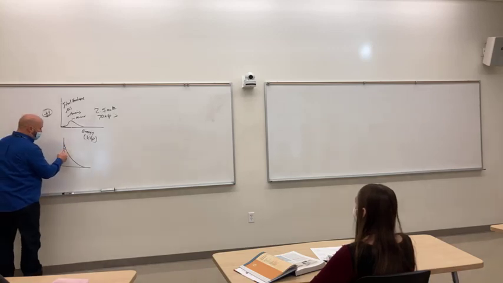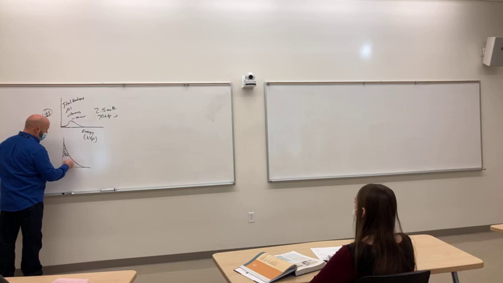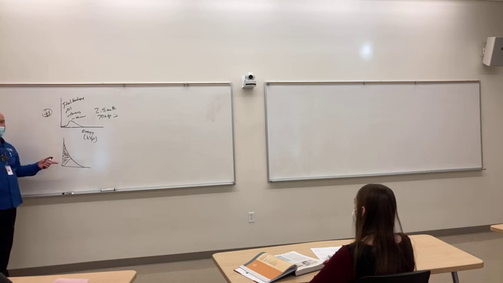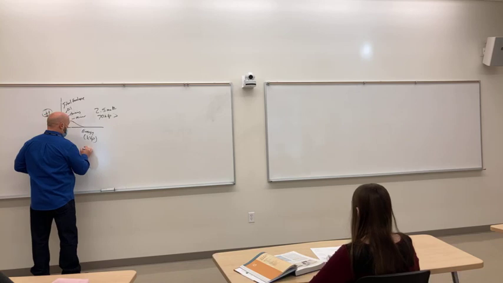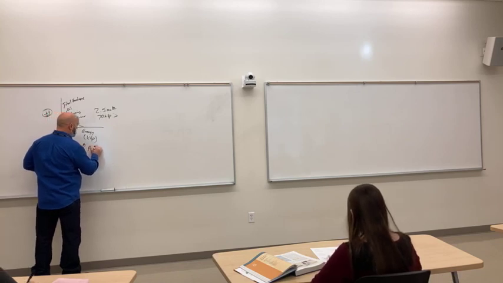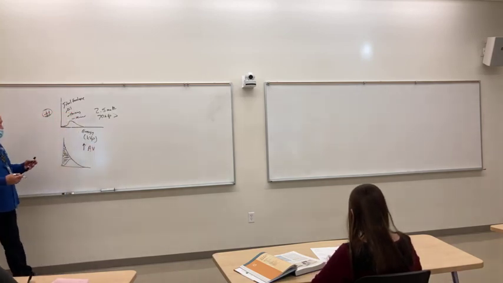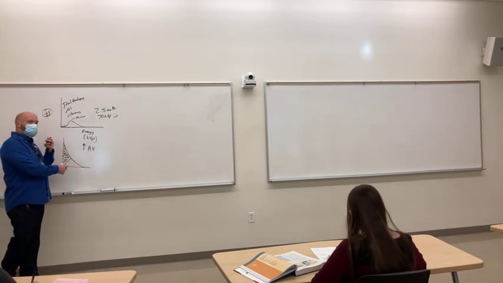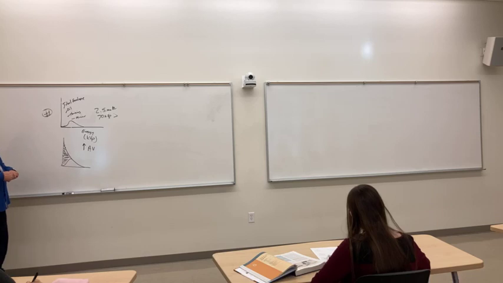So by getting rid of a whole bunch of these low-energy photons, what happens to our average beam energy? It increases. What happens to our numbers? It decreases, right? So filtration increases the average, and it's not because you get an increase in anything, really, but because you got a decrease in low-energy photons.